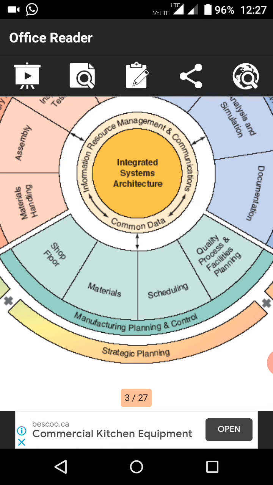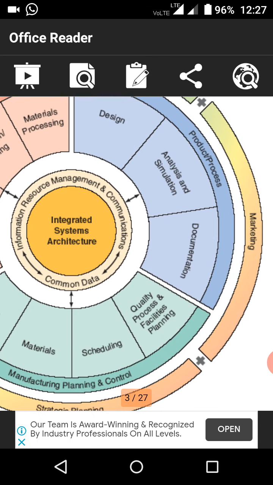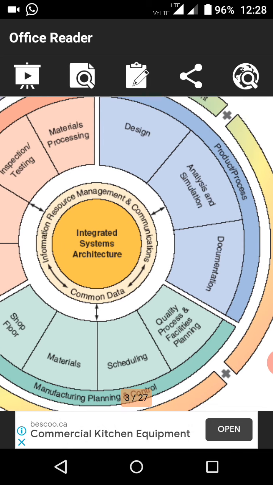Next, programming of numerical control machines and the material handling system, that is, how to control these machines and materials. Next, production planning, that is MRP, material requirement planning. In the first chapter we have studied about that.